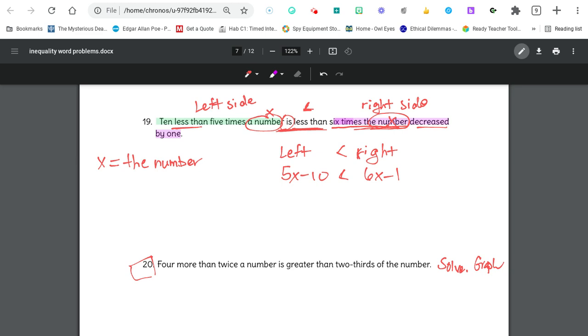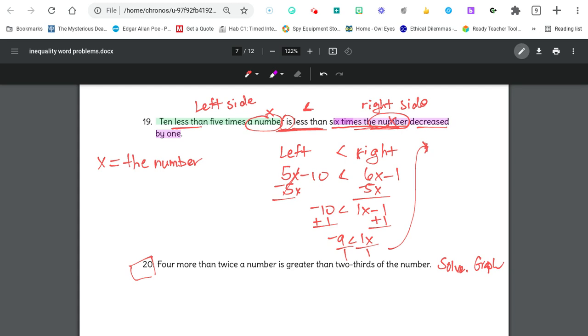I'm going to solve this. I'm just going to get rid of 5x. I could have gotten rid of 6x, but I don't want to. But you can if you want to. Add 1 to both sides. Negative 9 less than 1x. Divide both sides by 1.